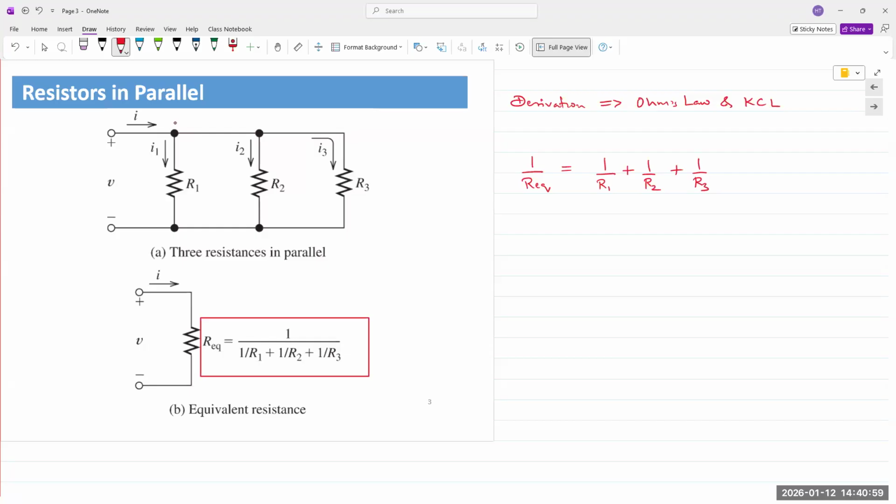And therefore Req is the reciprocal of the sum of the reciprocals.